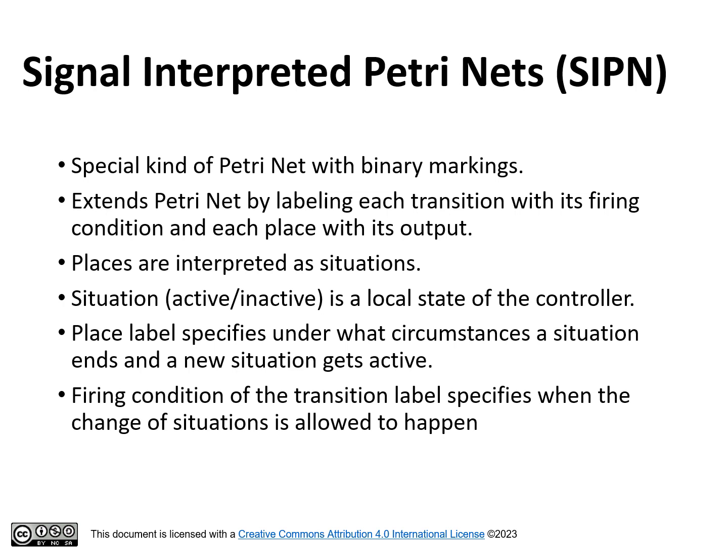The place label specifies under what circumstances a situation ends and a new situation becomes active. The firing condition of the transition label specifies when the change of situations is allowed to happen. In general, every place is associated with a Boolean function of output signals, and every transition is associated with a Boolean function of input signals, i.e., the firing condition.